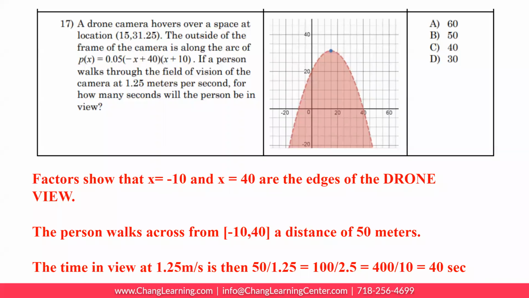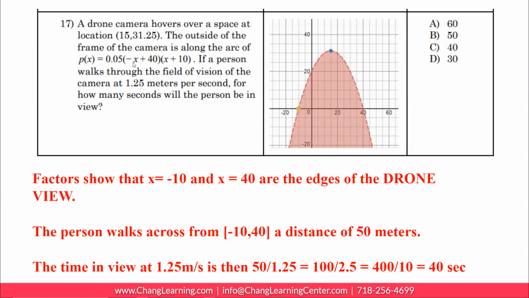Well, this is a quadratic in factored form. So we use the fact that the factors are present, that if we plug in negative 10, which is this star point here, then we'll get 0.05 times some number times 0. So that will be one of the 0 values.